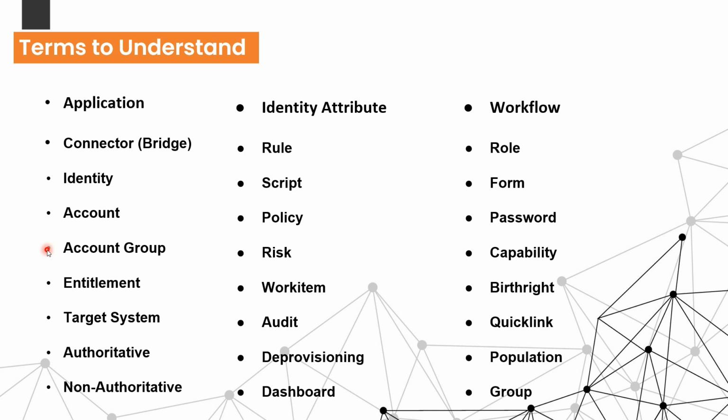In the SAP application there are some entitlements or permissions. Each application has permissions stored in a certain attribute, guys. It could be in a group membership, or in an entitlement membership, or it may be a level of attribute. So account group is nothing but a level of access or an authorization. It's an entitlement.